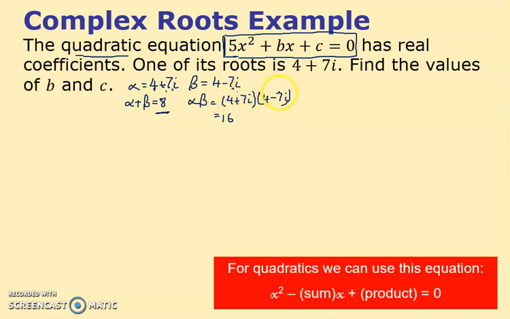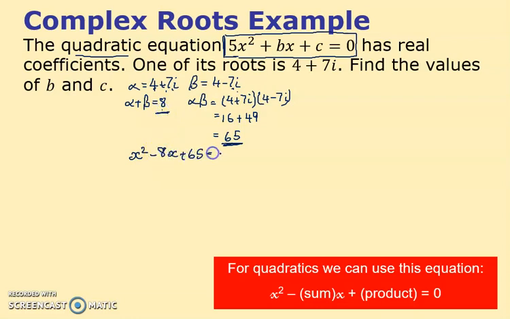But the 7 times by the 7 is 49. Now, I could write minus 49i squared. But of course i squared is negative 1, so it just becomes that. And I think that makes it 65. And notice again, it is a nice real number which started off as complex and became real, and therefore my equation becomes x squared minus 8x plus 65 equals 0.